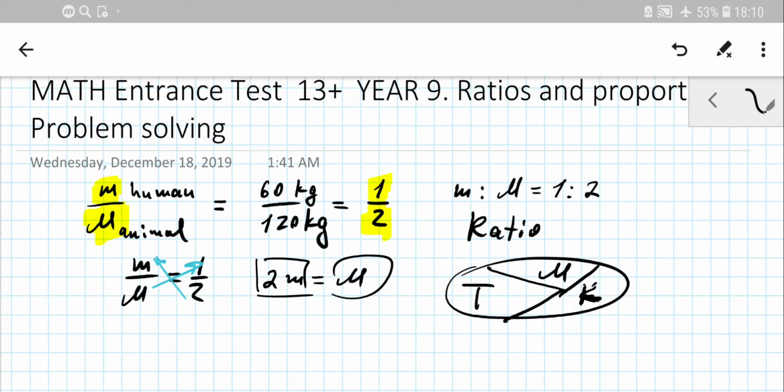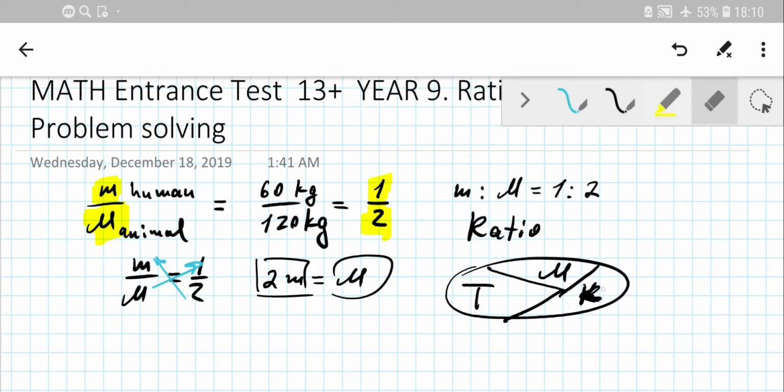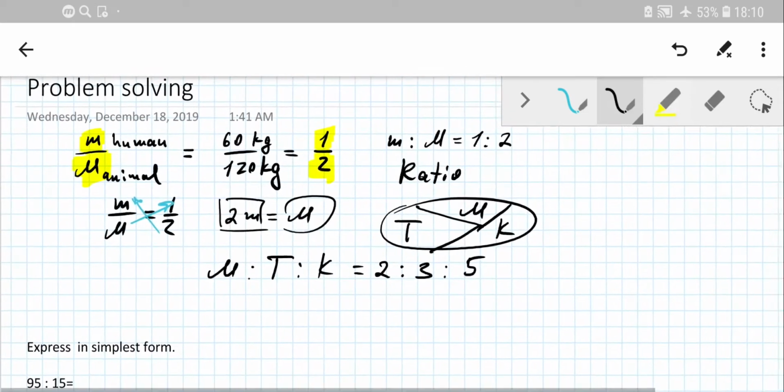So they split this pizza pie into 3 parts. The parts are not equal, as you can see. Let's say after splitting, m to t to k are related as 2 to 3 to 5.